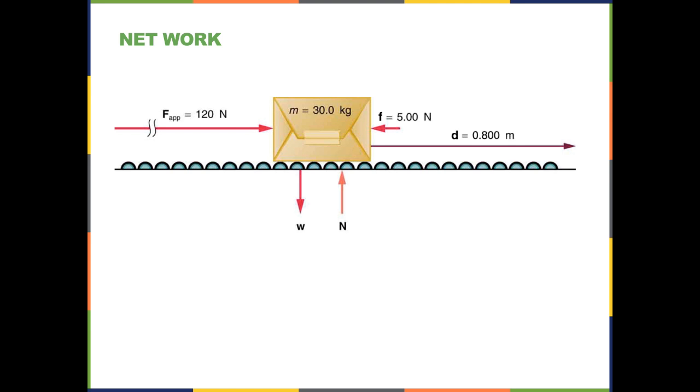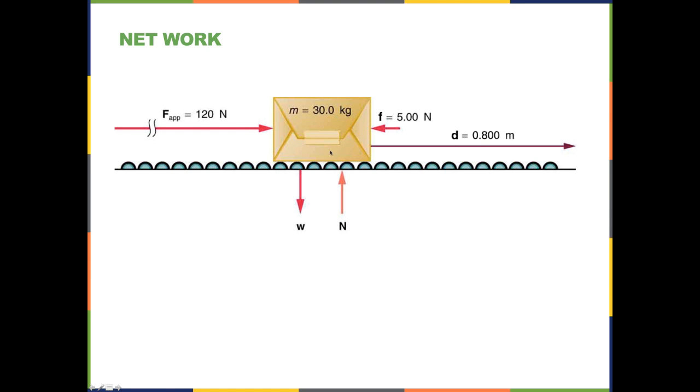When you have a net force that exerts over a particular distance, here it's shown at 0.8 meters, here's the friction force of 5 newtons and the applied force of 120 newtons, you can see pretty quickly that you can subtract this from this and get a net force, and then if that is applied over this distance, you can do that calculation.